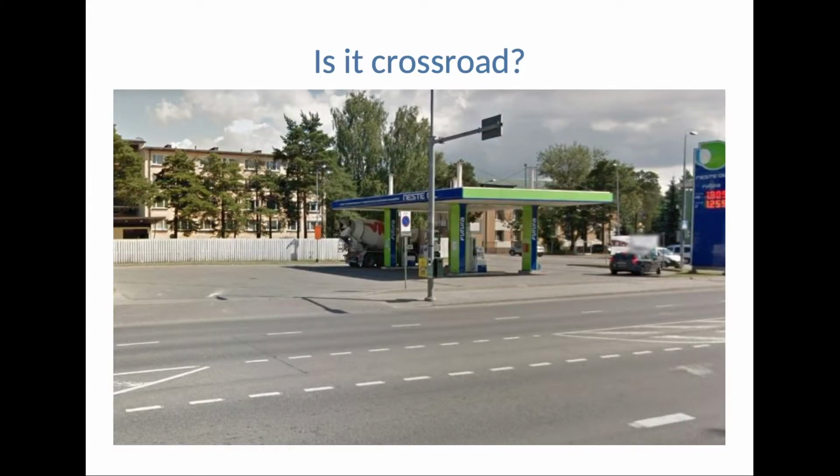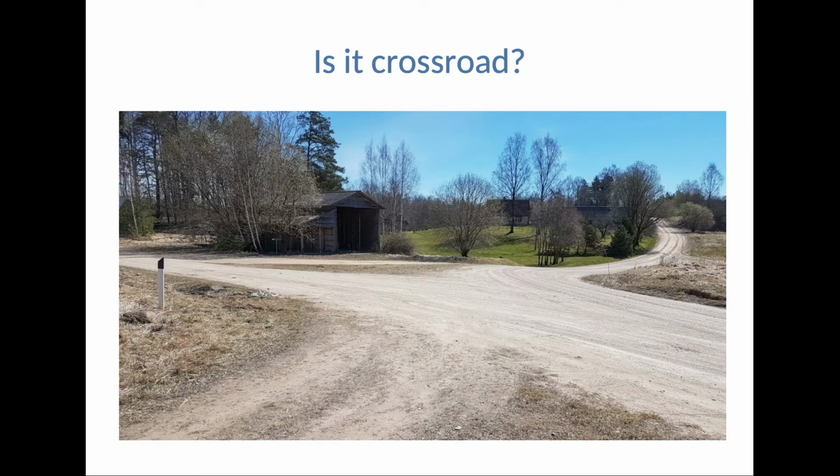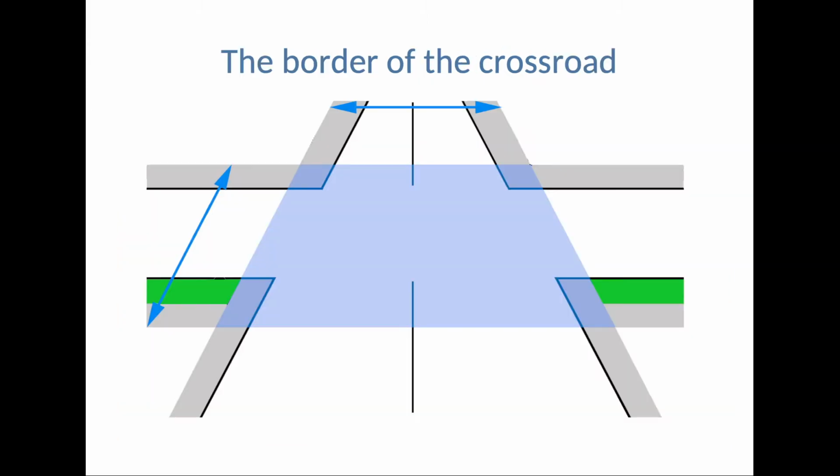Is it a crossroad or not? No, because it's a gas station. A gas station is adjacent to a road. And this? Yes, it's a crossroad, because when gravel roads cross each other, they make a crossroad also. Here you see the border of the crossroad. The border is like taking a little bit of the sidewalks for pedestrians.